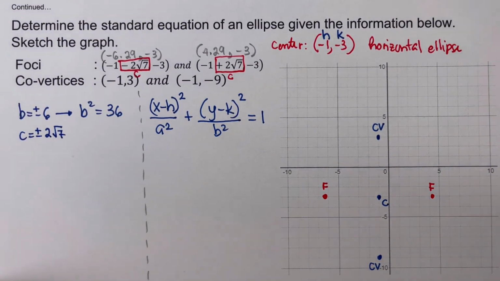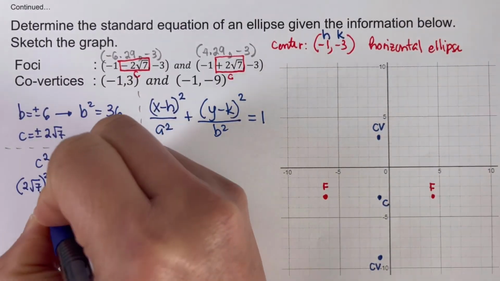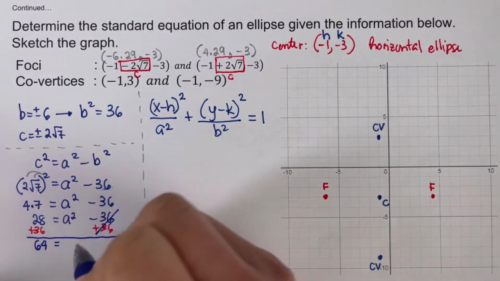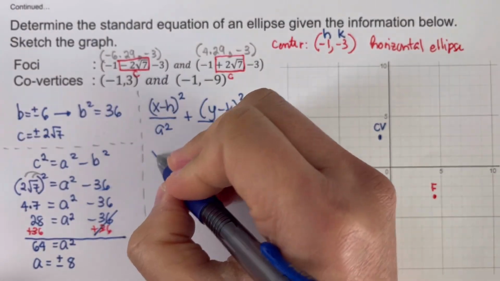So we can go ahead and solve for a squared using the formula c squared equals a squared minus b squared. So I'm going to show the work down here. So we already have a value for a squared and b squared. So this equation will come out. That's going to be x.